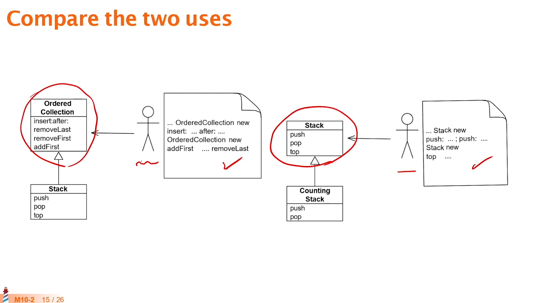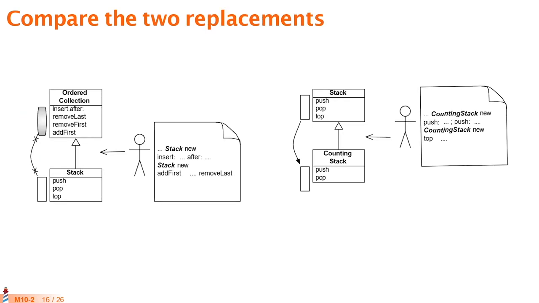By having subclasses, we can now see what happens when we replace our ordered collection by any of its subclasses. If we are now using a stack, sending the same messages that we send to ordered collection, that works, but it's breaking the nature and the usage of the stack. In this case, we see that a stack is not an ordered collection.